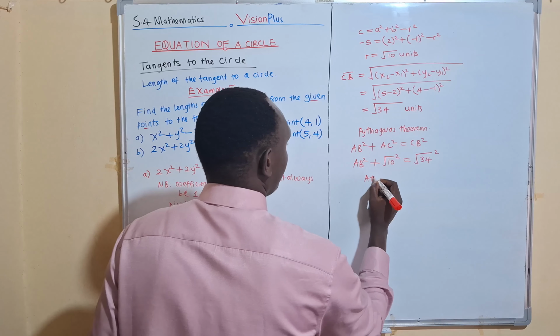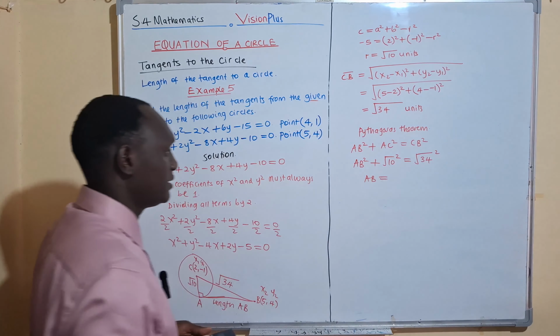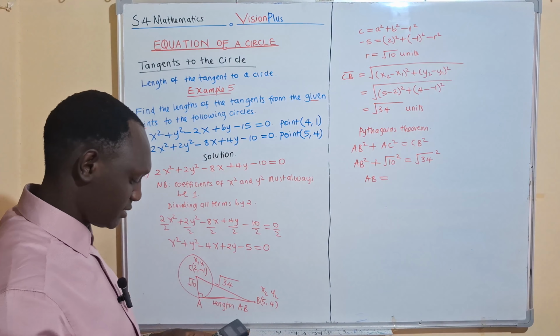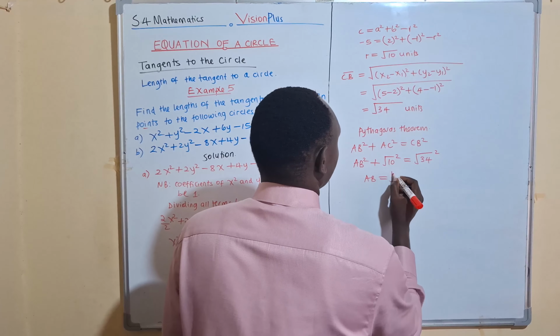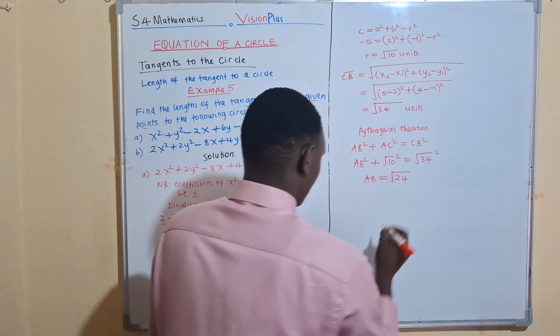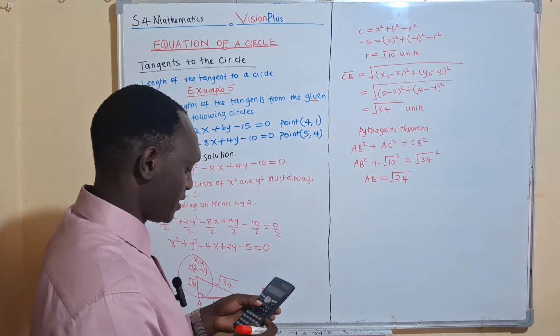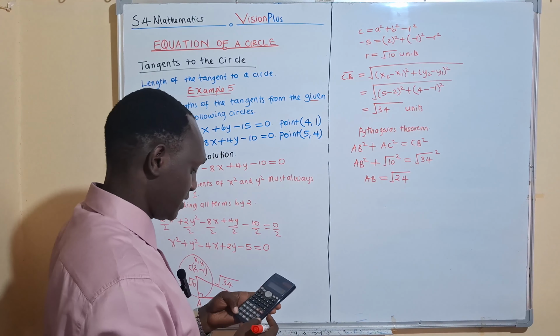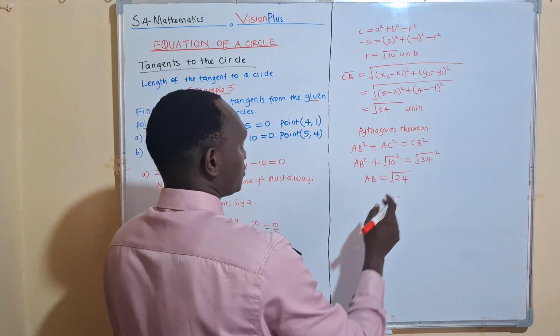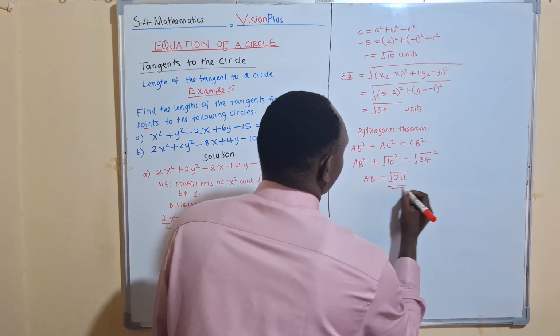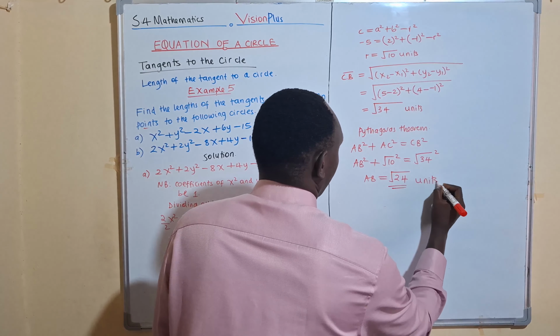And that means our AB squared becomes 34 minus 10. I'm getting 24, because root of 34 squared minus root of 10 squared is 24, but then you take the square root on both sides to give you root of 24 units.